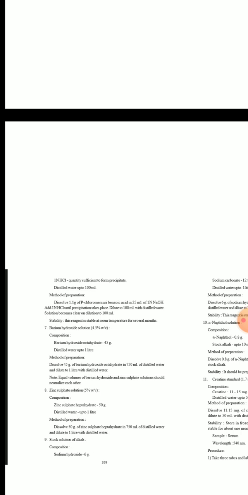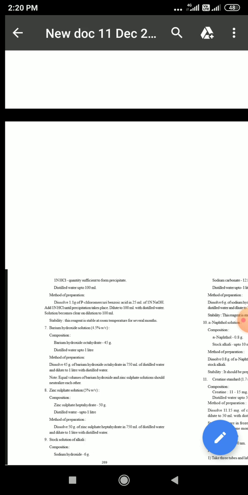Next we have barium hydroxide solution. We will take barium hydroxide octahydrate 45 grams, distilled water 1 liter. Dissolve 45 gram of barium hydroxide octahydrate in 750 ml of distilled water and dilute to 1 liter with distilled water. Equal volumes of barium hydroxide and zinc sulfate solution should neutralize each other.